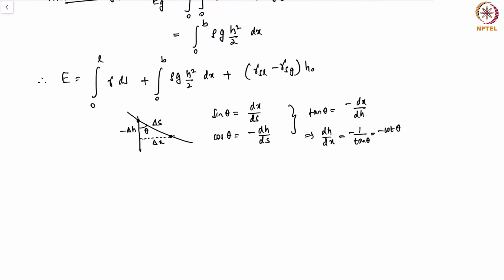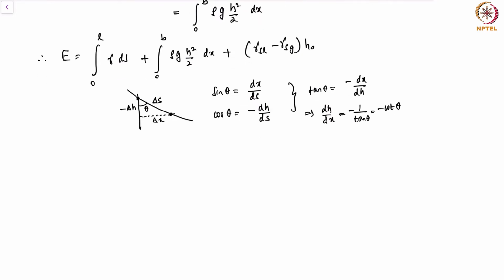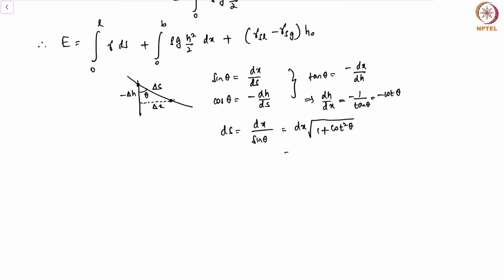This is something that we've already seen. We can also write ds as dx by sine theta, which is dx times cosecant theta, which is dx times the square root of 1 plus cot squared theta, and this is dx times the square root of 1 plus hx squared.